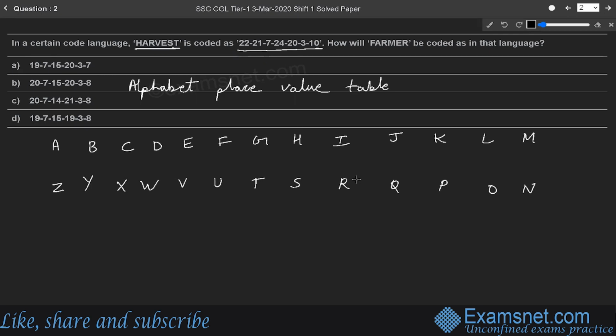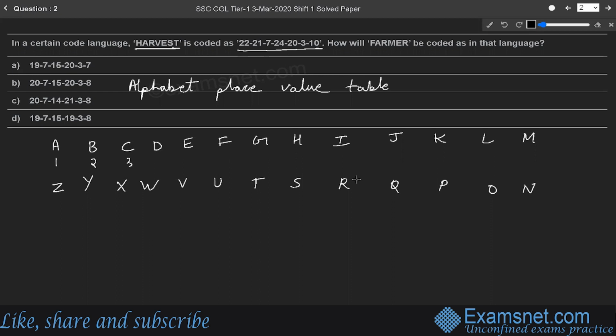Place value means the number that comes on a particular position. For example, there are a total of 26 alphabets. First alphabet is A. So the position of A is 1. Similarly, the position of B is 2.